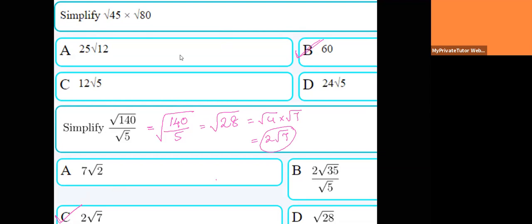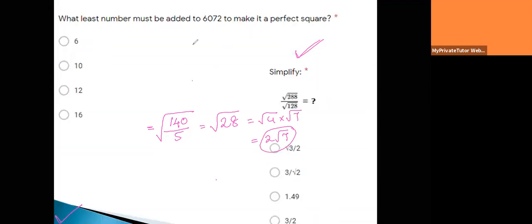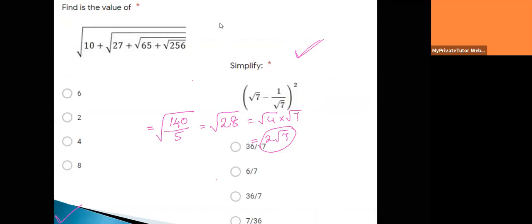Okay. So let's try the next question then. Who wants to try this question? I mean, these are the simple questions. Looks a little bigger, but the questions are very simple.